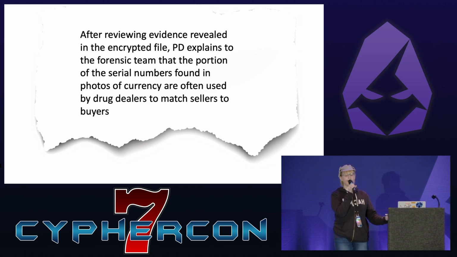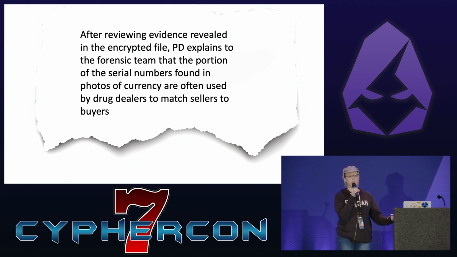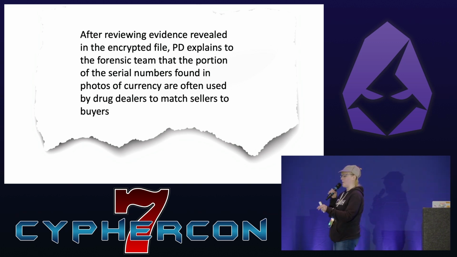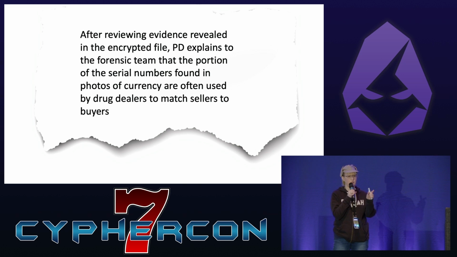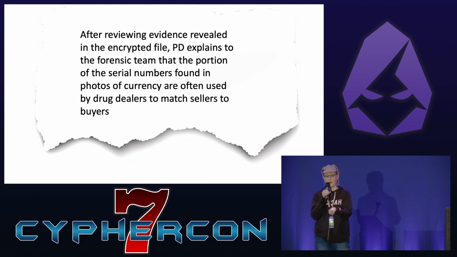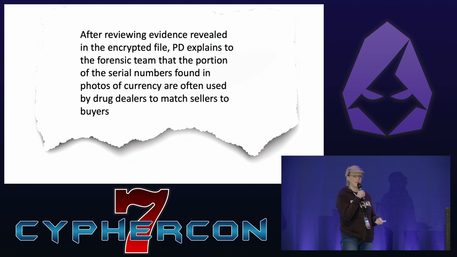You want an interesting way to identify people? Drug dealers do it with serial numbers on money. So you send them a picture of $1 or $5, it's usually low number currency, the first 4 digits, and then when you meet in person, you bring the whole dollar bill with you to prove you are who you say you are.